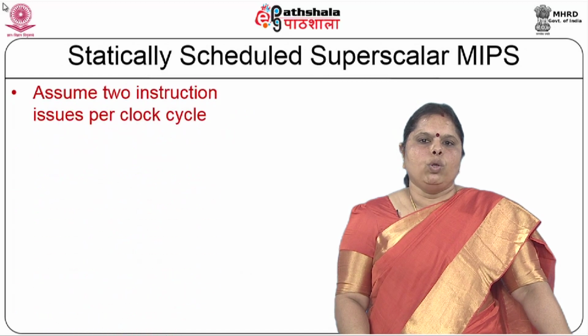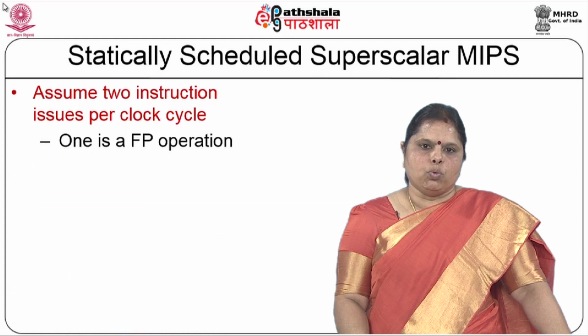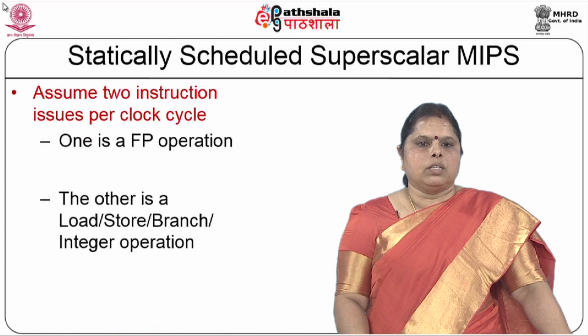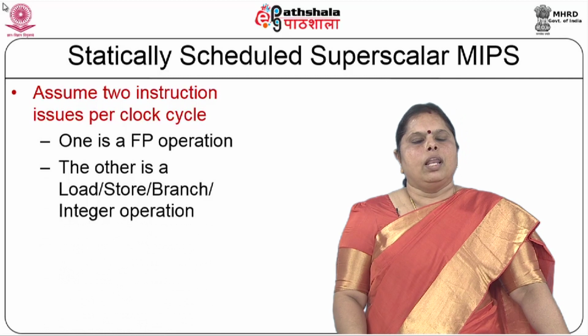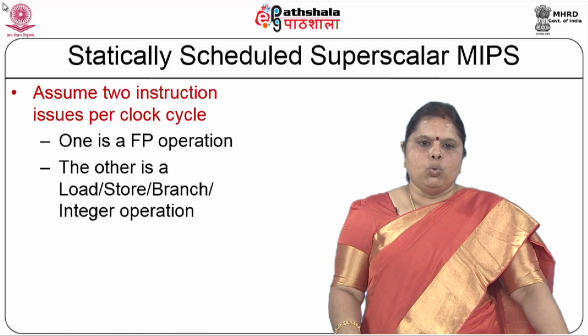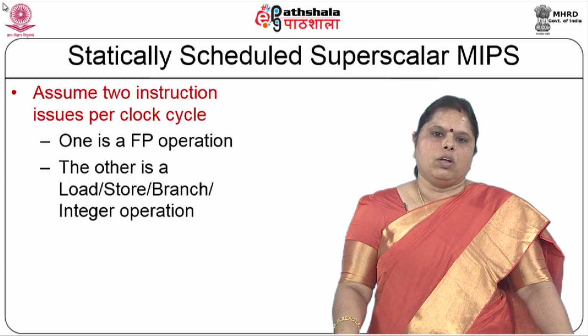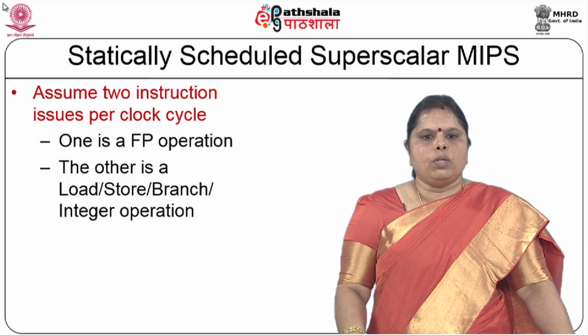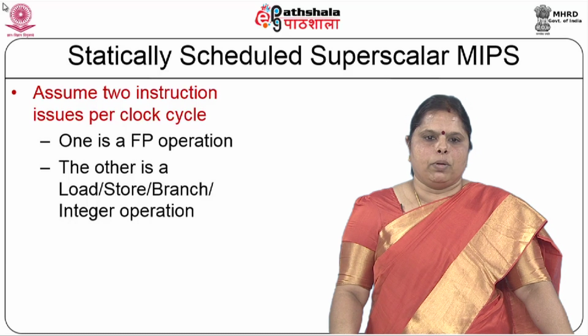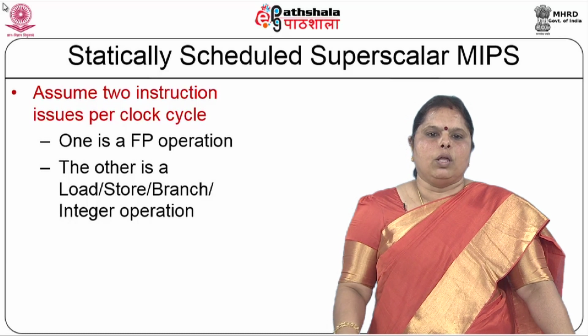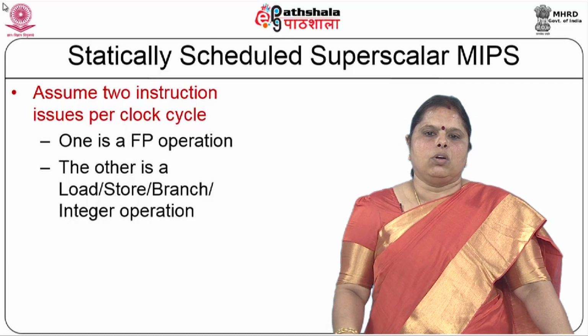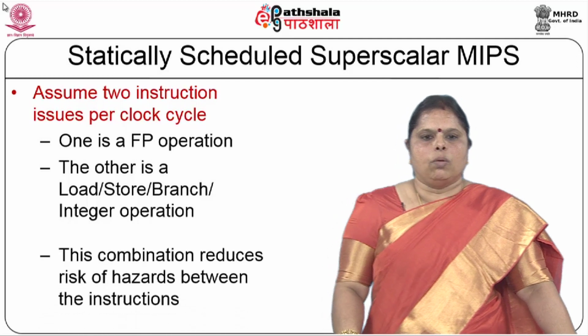If you look at a statically scheduled superscalar MIPS, the MIPS architecture which we have been discussing throughout, let us assume that it is a 2 issue superscalar. So, we assume 2 instructions can be issued every clock cycle, and let us assume that one instruction is a floating point operation, and the other can be a load instruction, a store instruction, a branch, or an integer operation.